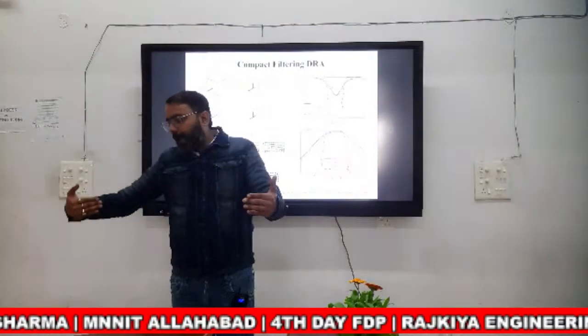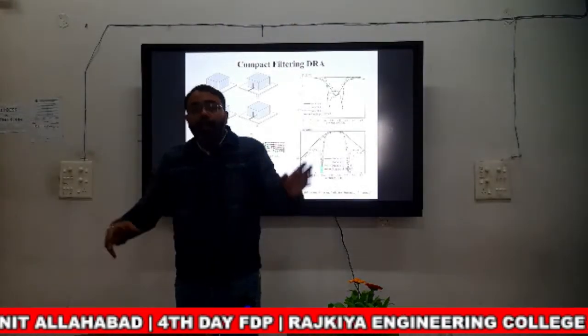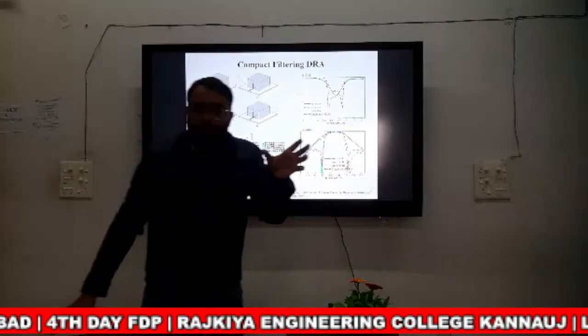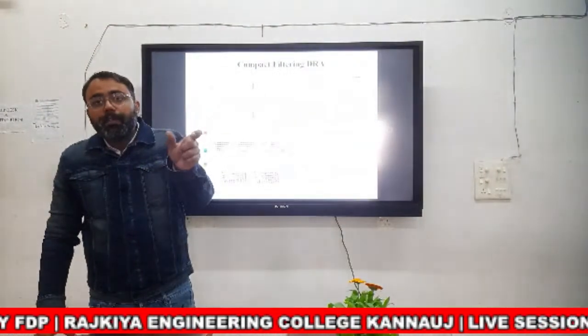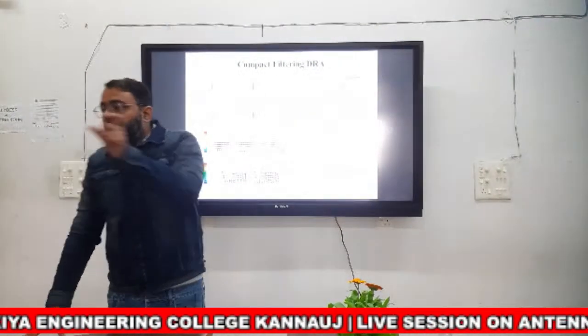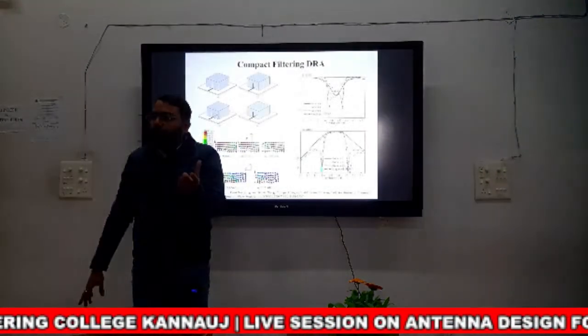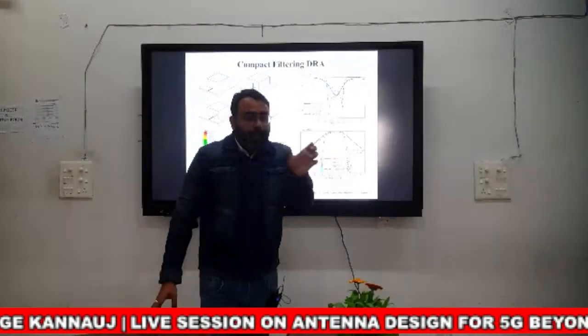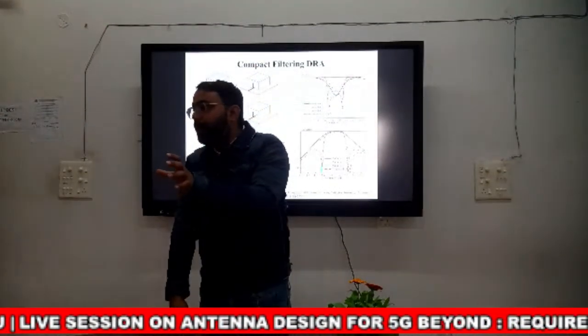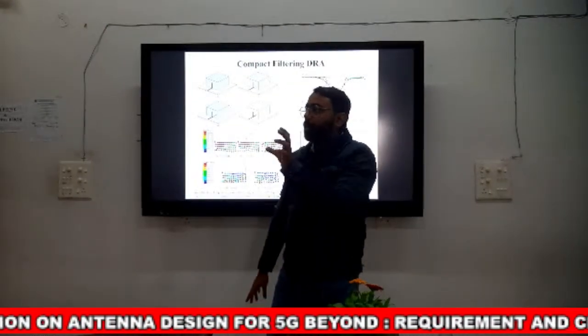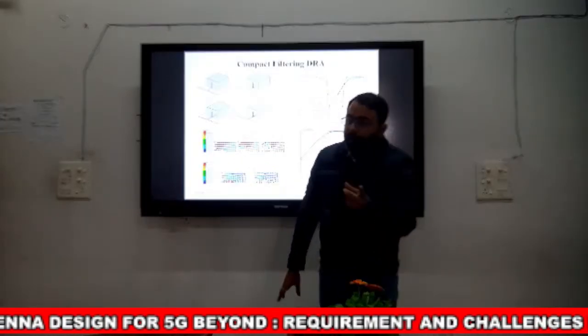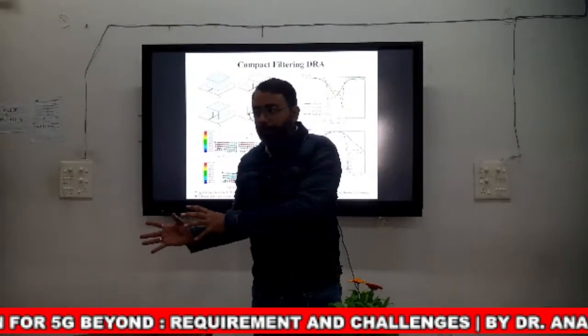Like we have isotropic, that's why the antenna gain units are dBi. dBi means with respect to isotropic. dBd is also a unit of gain, which means you are comparing your antenna gain with respect to a dipole.